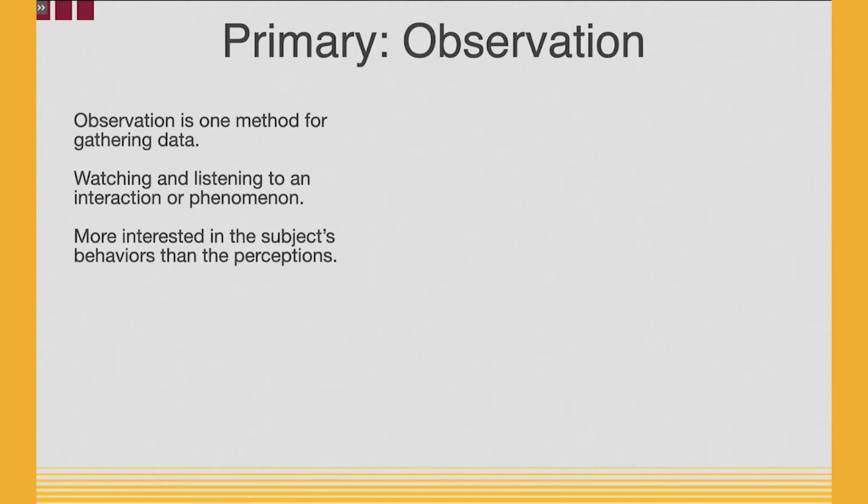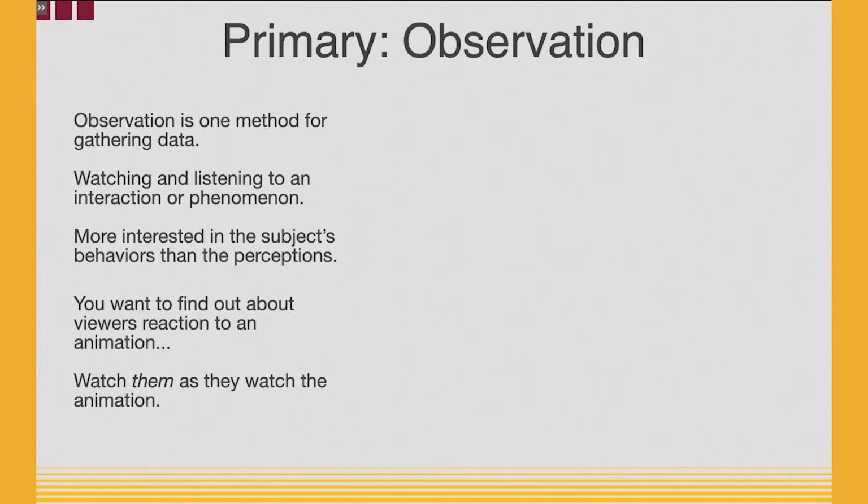First, we're going to talk about some primary sources where you can get data, or how you can get data. One of the primary ways you can get data is through observation, what you see. This is basically just watching and listening to an interaction or a phenomenon. And when you're doing that, you're more interested in the subject's behaviors than what they perceive or what they believe.